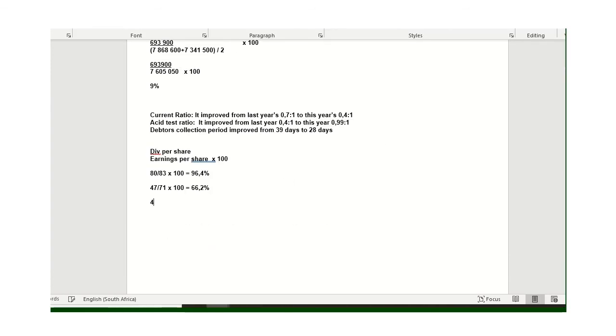So she's owning 475,000. The total number of shares in issue is 940,000. And so to work out her percentage of shares, we simply divide whatever she owns by the total and multiply that by 100, and that gives me 50.5%.